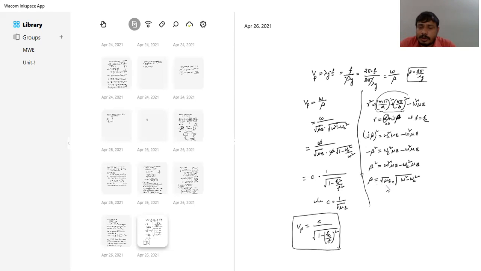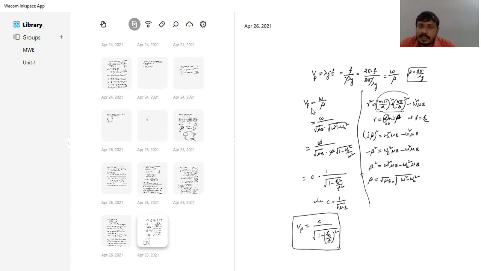Now beta is equal to root mu epsilon into root omega square minus omega c square. Please remember this, it is very, very important. We will use it in the future for group velocity, impedance calculations, and power calculations also.